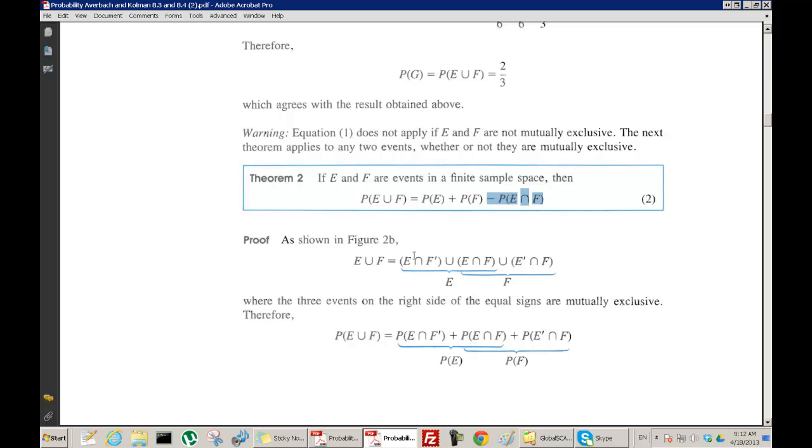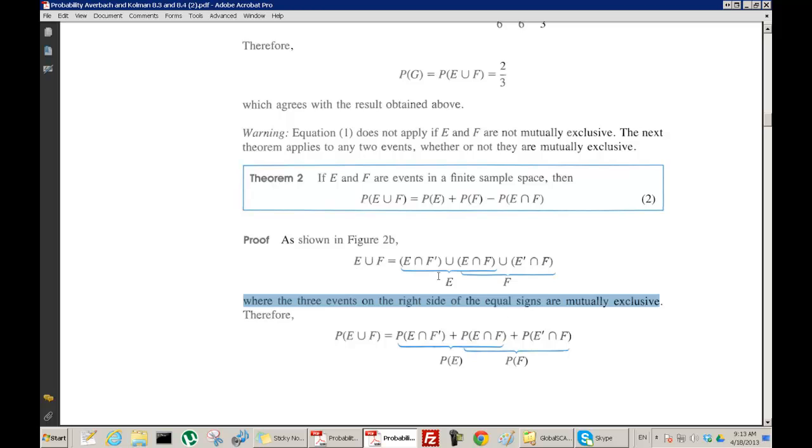So E union F is equal to, here's the first disjoint set that we said, here's the second disjoint set that we said, and here's the third disjoint set that we said. And the three events on the right side of the equal sign are mutually exclusive.